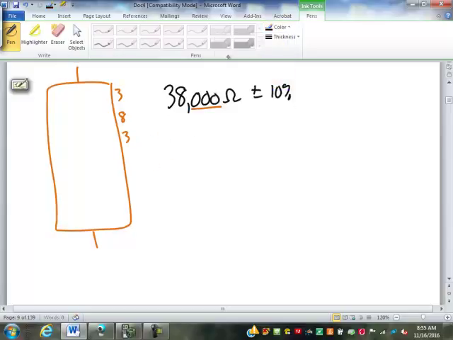So that first band is represented by a 3, which is orange. Then the 8 is gray. And then 3 is orange again. Then my tolerance band for plus or minus 10% is silver.